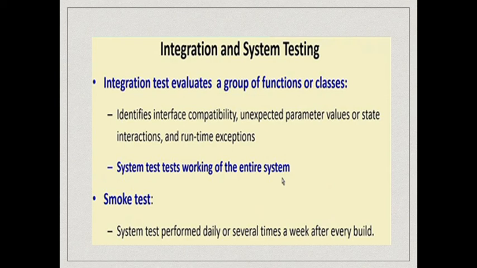Just imagine that a plumber has put in a pipeline, and before he actually puts real water in it, we would like to see if there is any leakage, so they put in smoke. Similarly in software, in a smoke test we just check if some basic functionalities are working and whether it is test worthy.